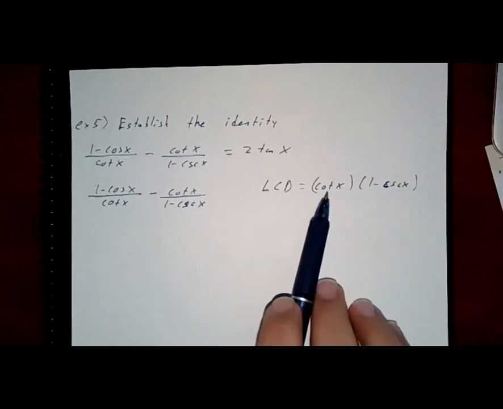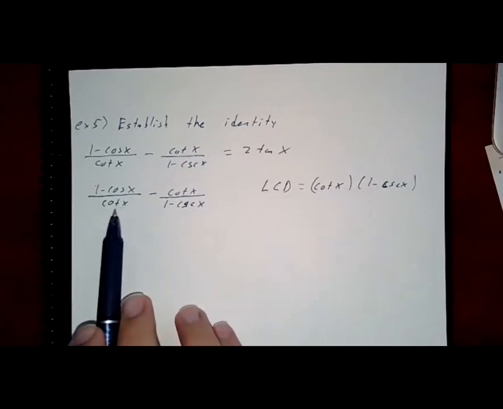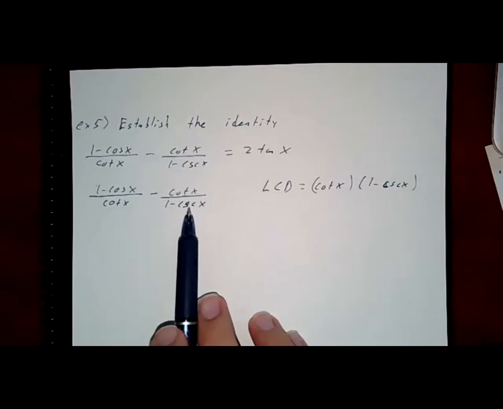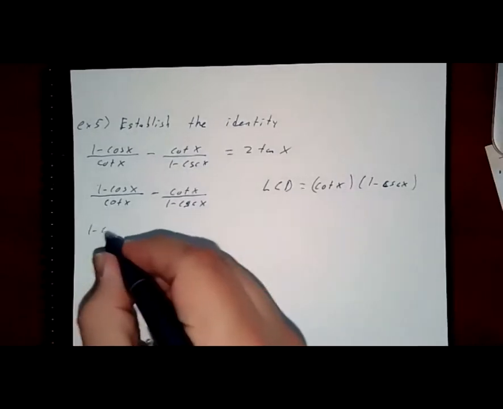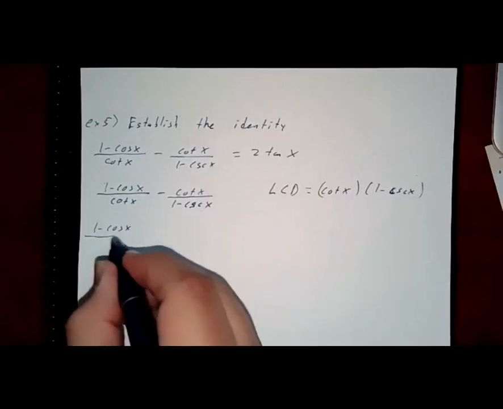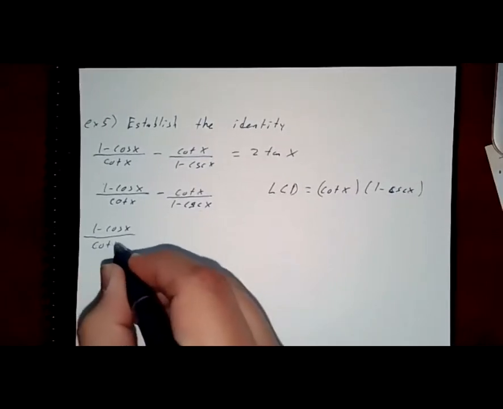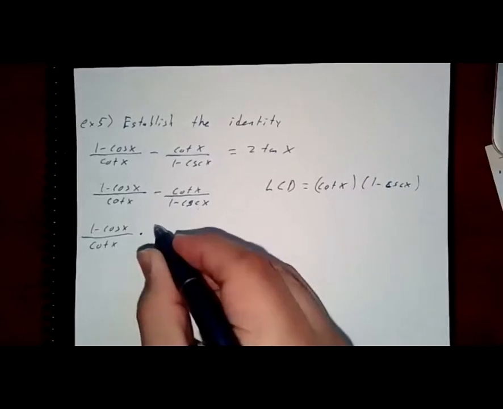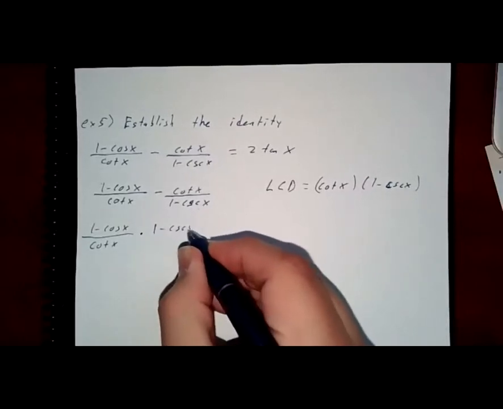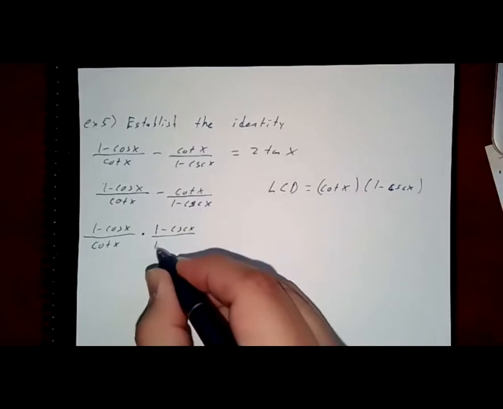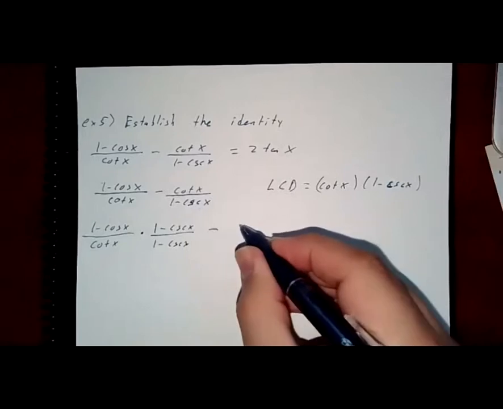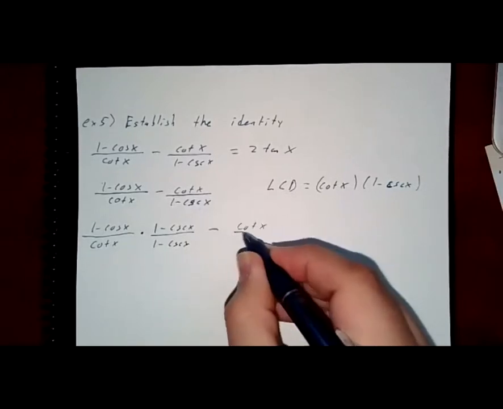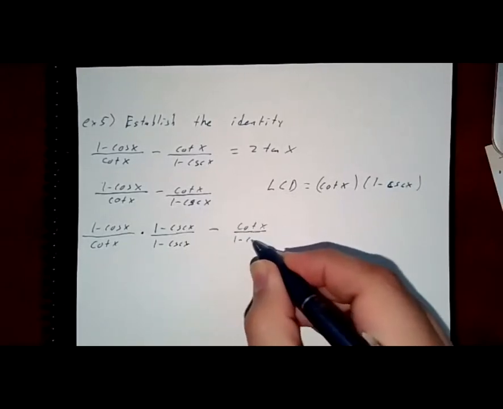So to make the bottom look like this one needs 1 minus cosecant. This one needs cotangent to turn it into this. That's why I multiply the top and bottom the way I've been doing it, right? So top and bottom times the piece it needs to complete the LCD. Now the other piece. This one needs a cotangent down here.